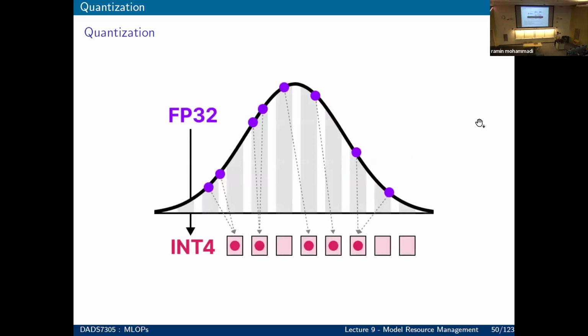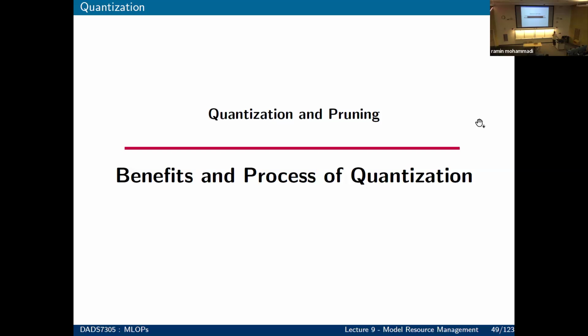Okay, so today our guest spoke about quantization, and you got some exposure to it. Now we want to go into more detail about quantization, how different types of quantization work, and when to use which. Okay.